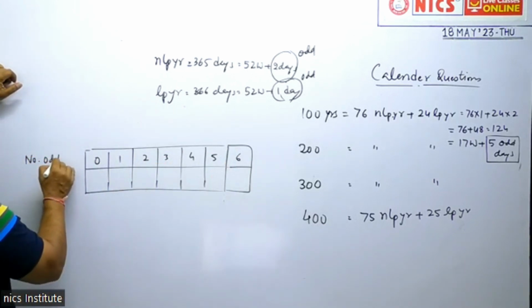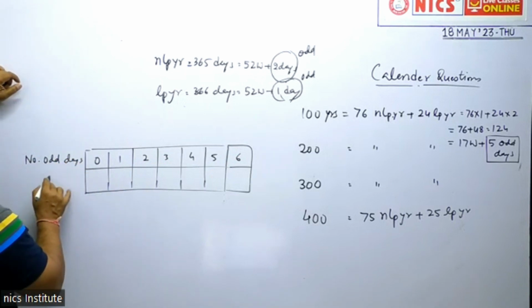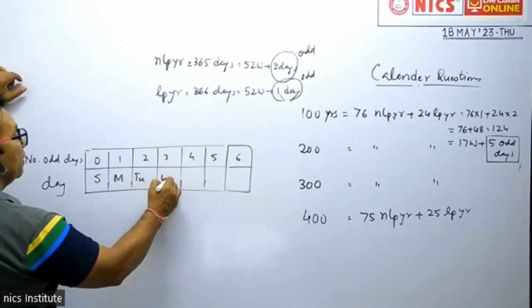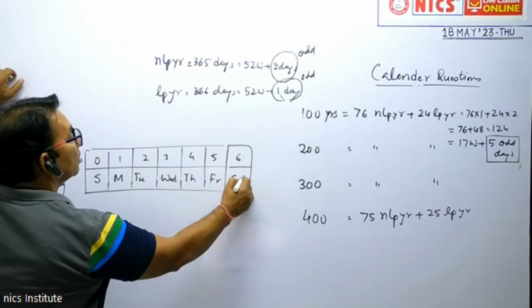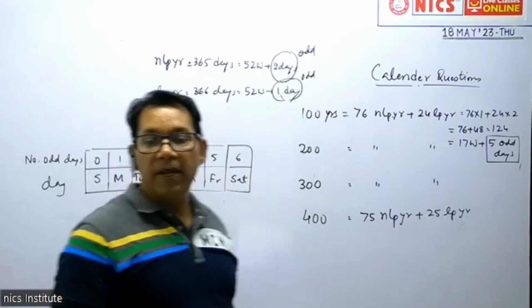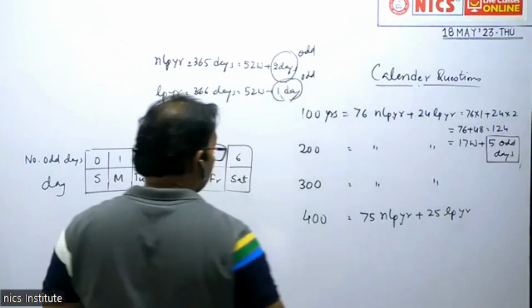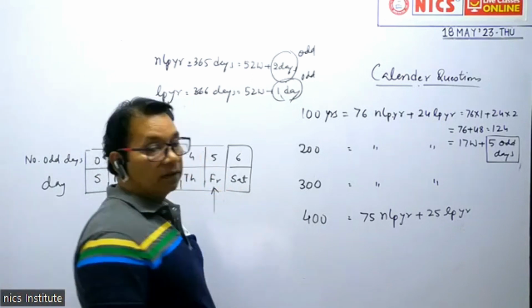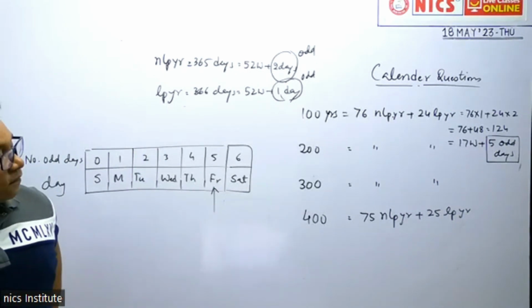The number of odd days are in the first row, and this is the day: Sunday, Monday, Tuesday, Wednesday, Thursday, Friday, and Saturday. So the odd number of days will decide the day. If the number of odd days is 5 in the first century, it means the last day of the first century was Friday.